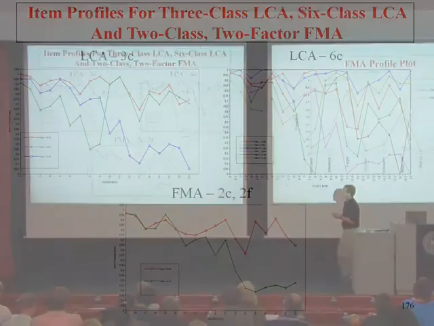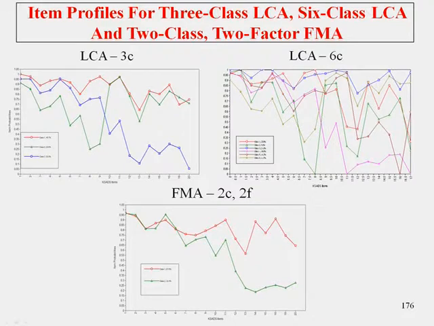And in fact, you can specify it as a CFA, confirmatory factor analysis model. You don't really need the exploratory EFA cross-loadings. It's a very simple structure, for those of you who are familiar with factor analysis.